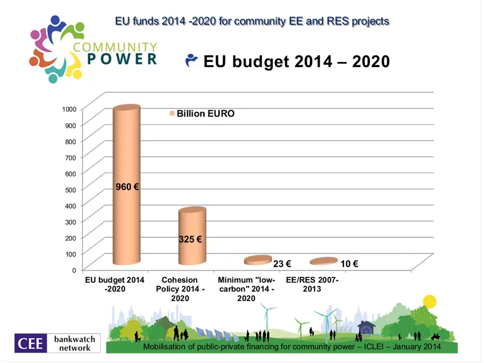Those measures and projects are clustered under the so-called shift to the low carbon economy. The minimum obligatory amount which will be spent is 23 billion euros. It can be more. It is now up to member states to decide how much this will be, but the minimum is there.